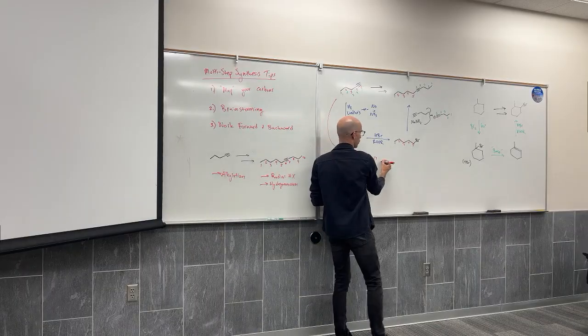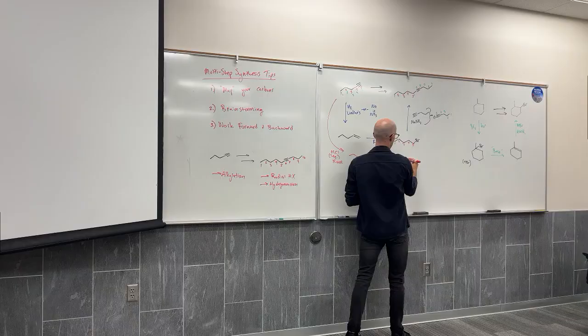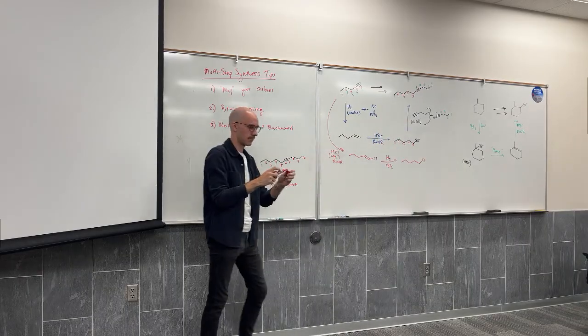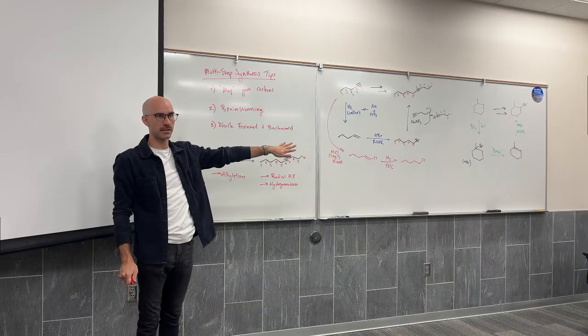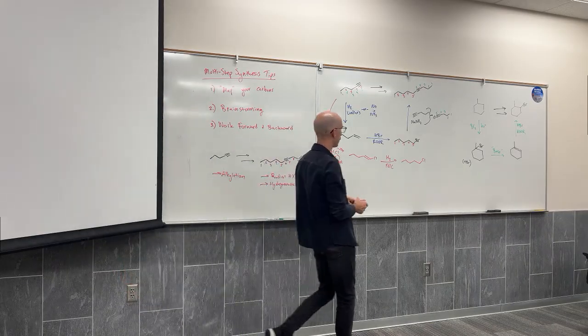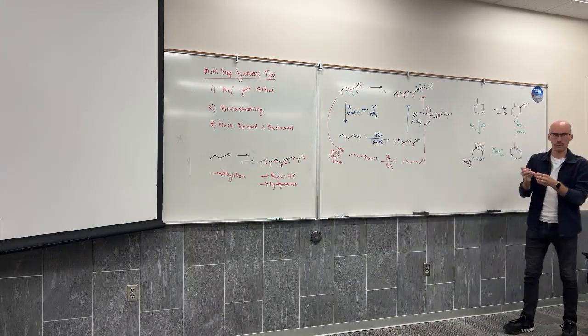And then from HCl, I can do H2 with PDC. Because it doesn't matter what my leaving group is. It doesn't matter that my halogen is bromine or chlorine. Both of these react in the same way to give that final product.